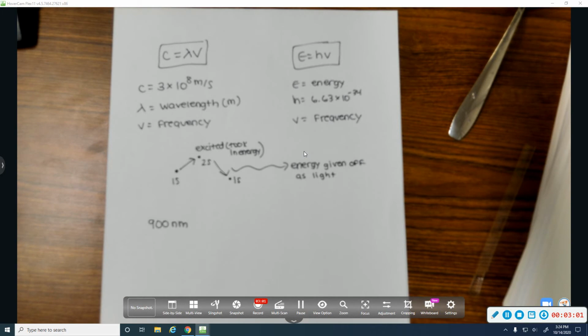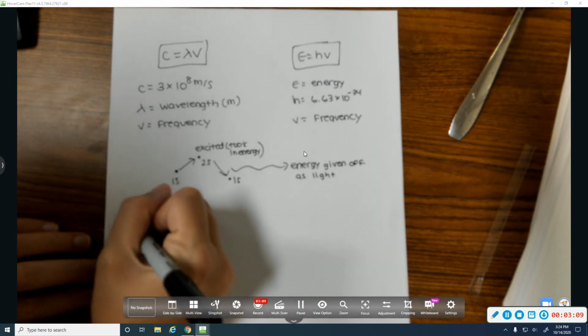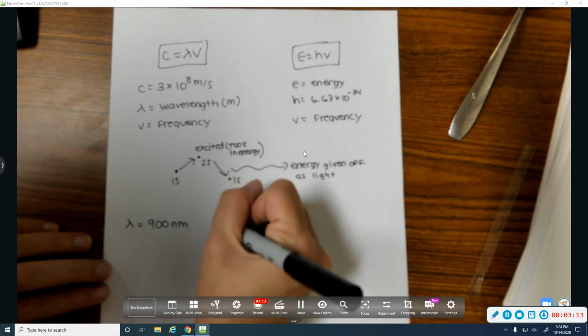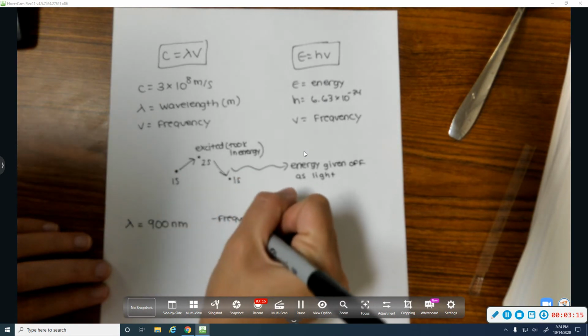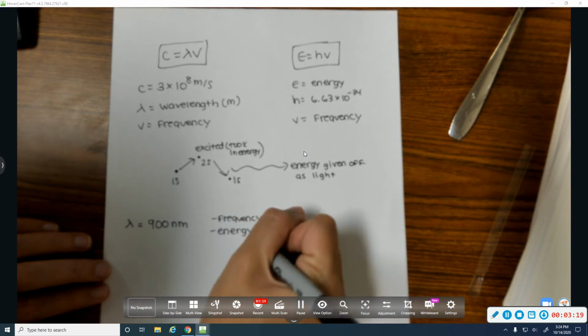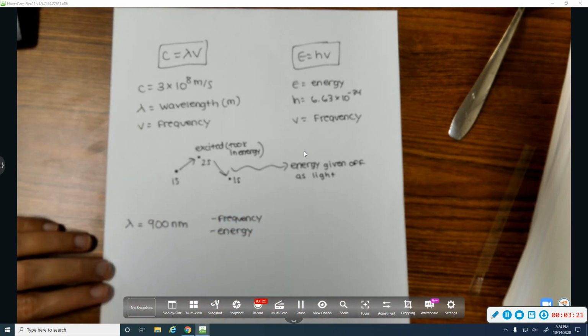So I'm going to go through what I want you to do on the flame test lab. So 900 nanometers, that is our estimated wavelength. That is the upside down y, lambda. I wanted you to find the frequency and the energy. So we have wavelength.